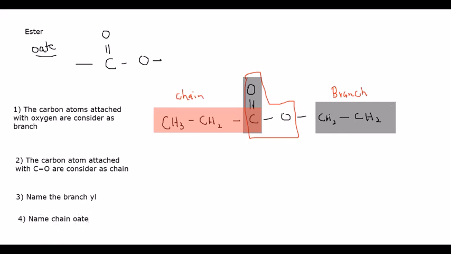So for example, first we name the branch. How many carbon atoms are there in the branch? Two. So for 2, which prefix do I use? Eth. And because it is a branch, it should always have YL. So it is ethyl.